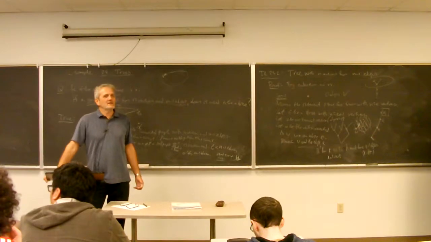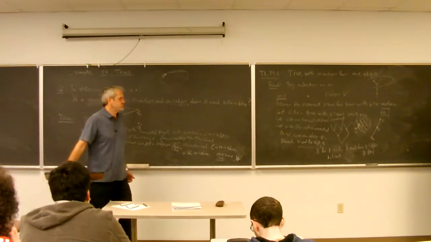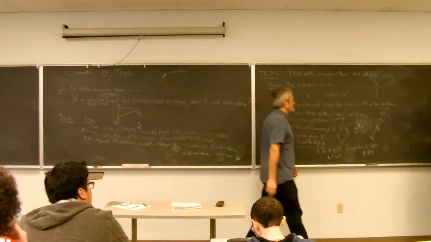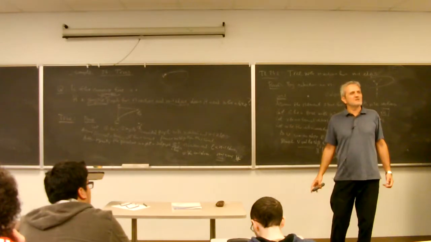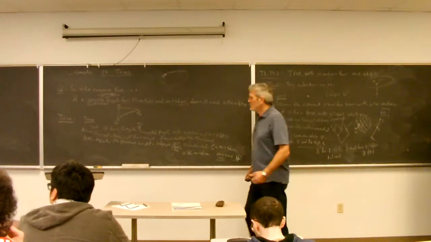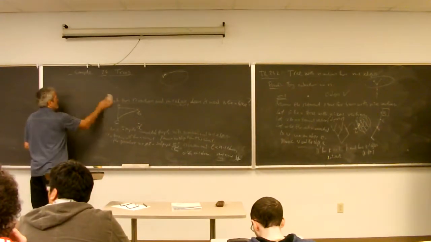So basically, a little more than half are terminal, a little less than half are internal. Why would that be true? That's not so obvious, I would say.